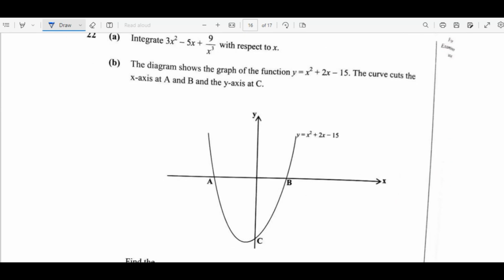We move on to question 22a. Integrate 3x squared minus 5x plus 9 over x cube. So we find the integration. The integration is just the opposite of differential calculus.